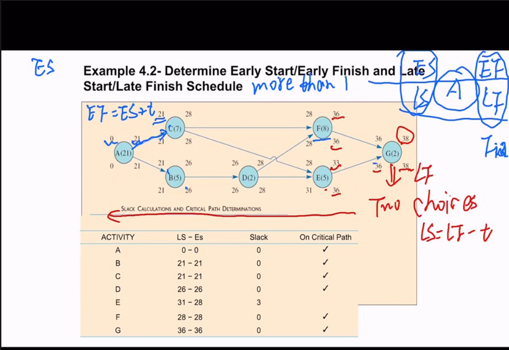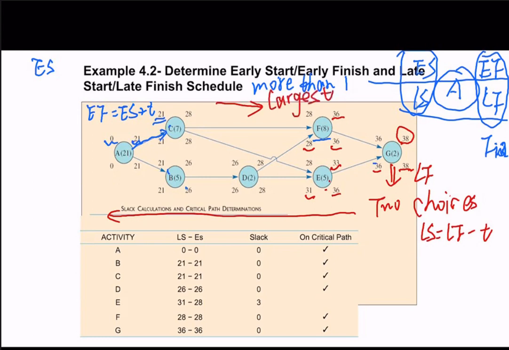And way back here, what if D has two activities? D is followed by F and E. So we have two numbers here, the 28 as the LS for F and 31 as the LS for E. When we calculate the early time, we always find the largest one.